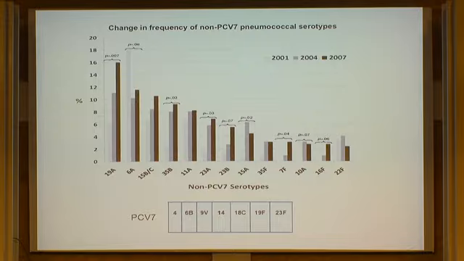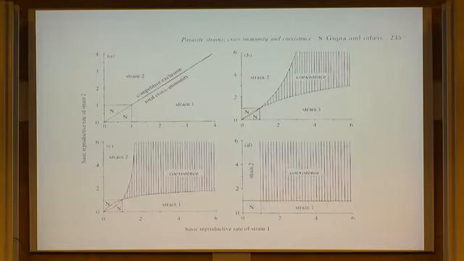Because if there were no cross-immunity between them, it would be hard to see why any change would occur at all once you use this vaccine. The fact that some change has occurred in the frequency of the non-vaccine serotypes suggests that there was some level of mutual suppression occurring.